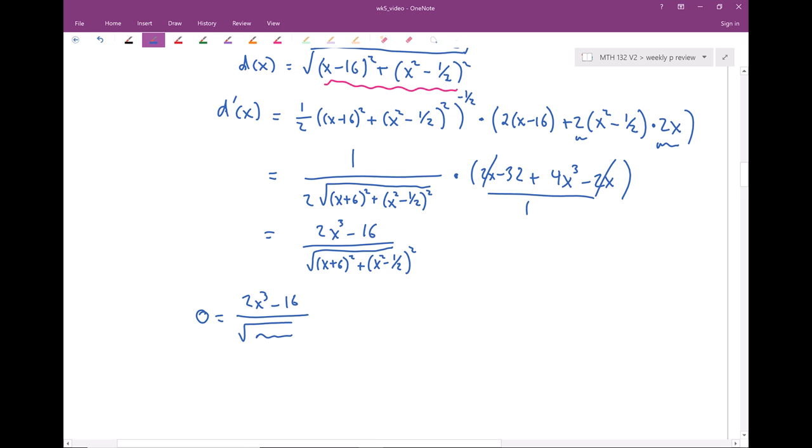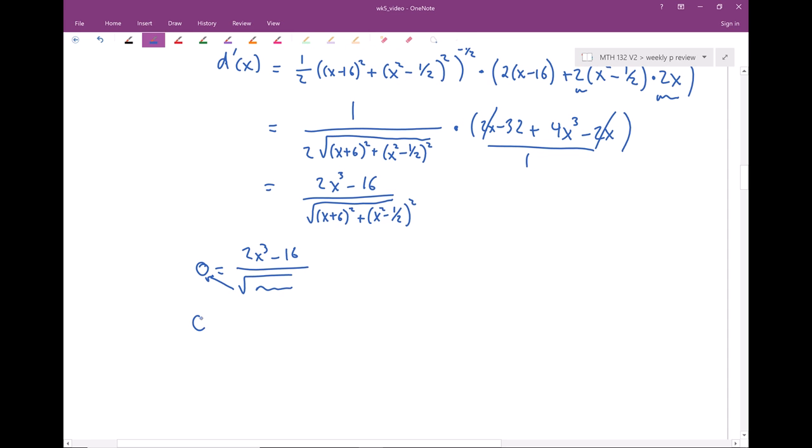Well, the first thing I'm going to do is say, well, I don't like fractions. I'm going to go ahead and multiply by this denominator. If I basically cross multiply, or multiply by the square root of the quantity (x minus 16) squared plus the quantity (x squared minus a half) squared, if I multiply that on both sides, well, 0 times anything is nicely 0. So that gets rid of all of this complicated stuff.